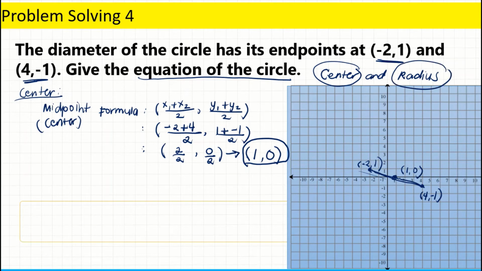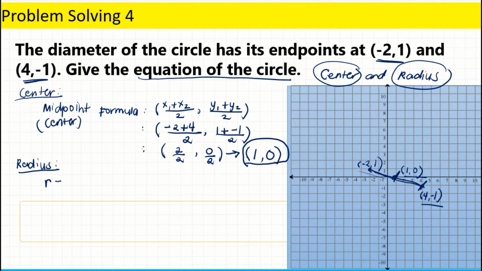And to get the radius, ay kukunin natin yung distance between the center and one point ng diameter. Okay, so pwede natin kunin ang 1, 0 and yung 4, negative 1. Again, to get the radius, okay, para makuha natin yung distance, gagamitin natin yung distance formula.